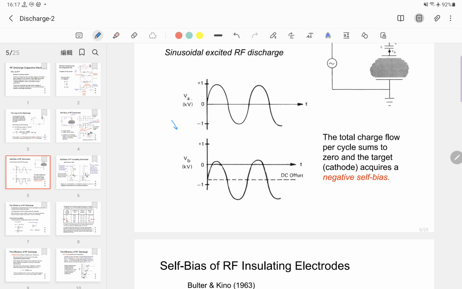But in this large time period, the electrode surface is negatively charged. So this is for the top electrode. And for the ground electrode, the voltage is always equal to 0 volt.